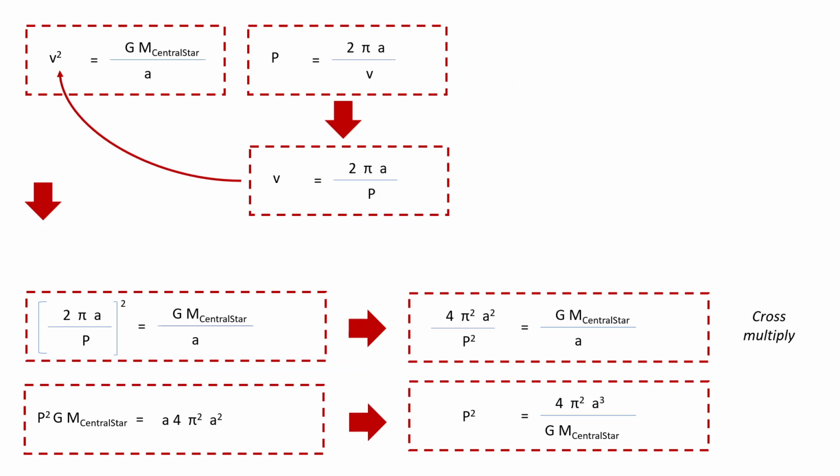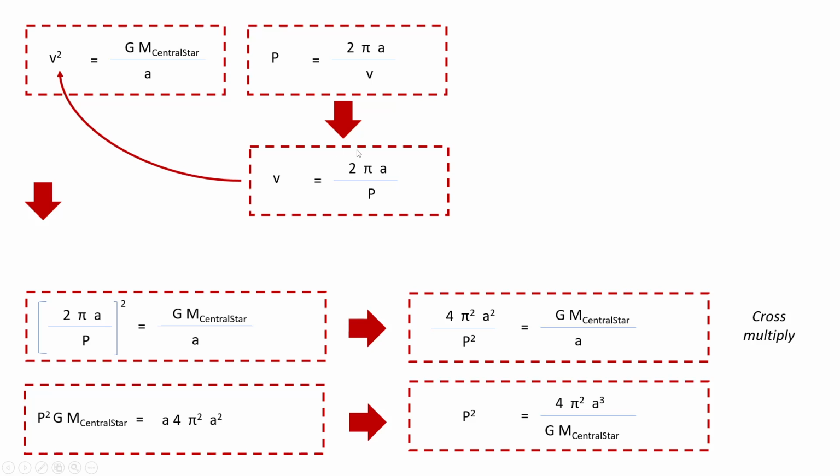Next slide. We get two interesting formulas. We have v squared equals G M central star over A. And we also have the period equals 2 pi A over V. Now you can rewrite this part. If P equals 2 pi A over V, then V equals 2 pi A over P. That's how it works.